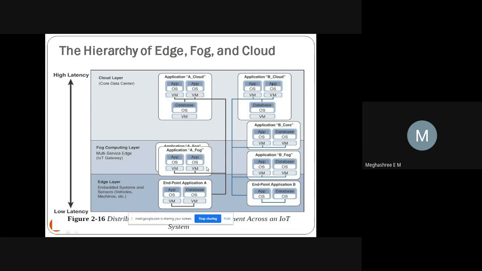Okay, and then it is passed on to the fog computing layer where another set of processing will be done, and then the data will be passed on to the cloud layer. So this is how the data flows, or the way that an IoT system works. So that is all about the hierarchy of edge, fog, and cloud.